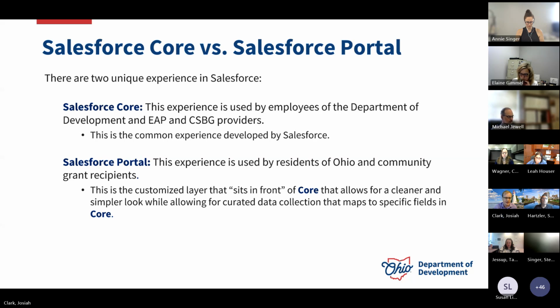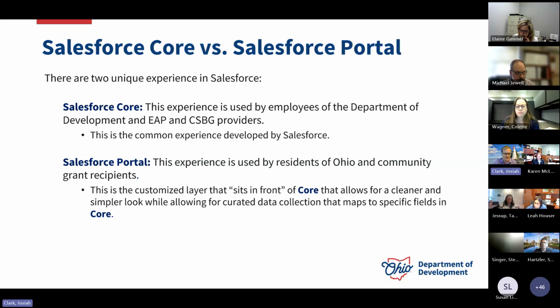However, this is going to look significantly different from what you as the grantee are going to be seeing on the front end, which is what we call the portal, or the full title is the Community Organizations Portal. That is a very specific, very tailored experience that you will have that will only have the information that is relevant to you, except for some general administration stuff that you may see on the homepage.